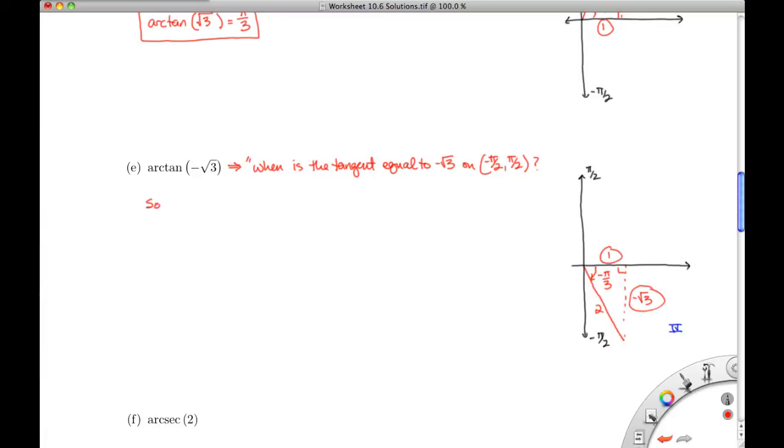So since the tangent of negative pi over 3 is equal to negative square root of 3, and since negative pi over 3 is on the interval from negative pi over 2 to positive pi over 2, the range of the arctangent, then we can say that the arctan of minus root 3 is equal to negative pi over 3.